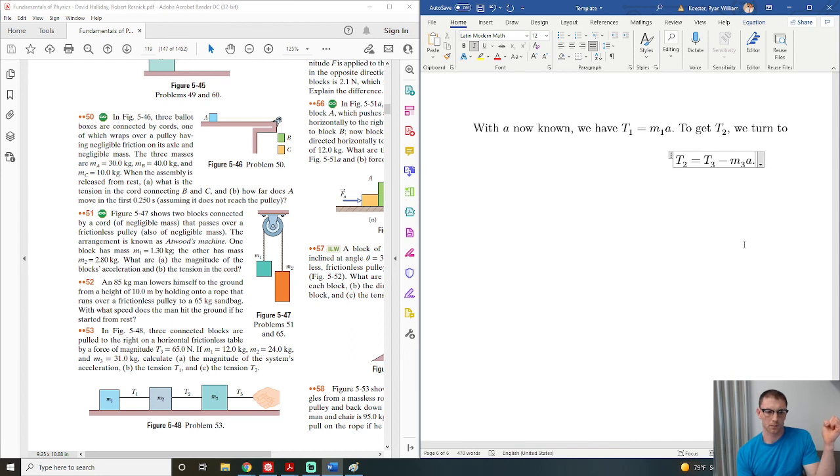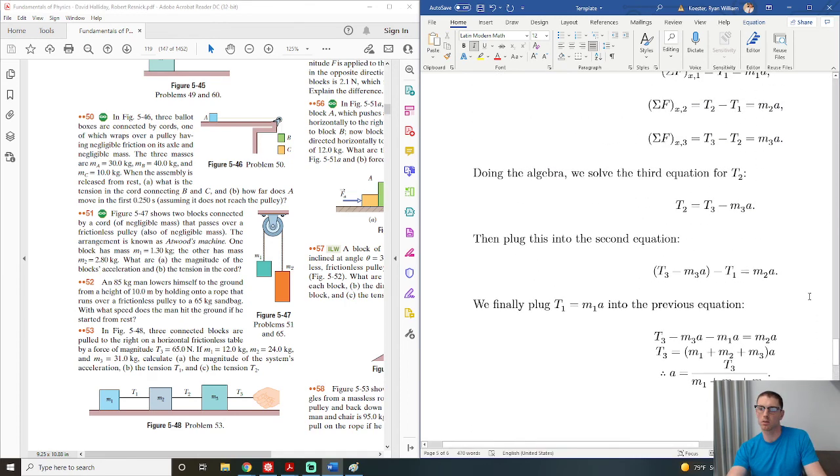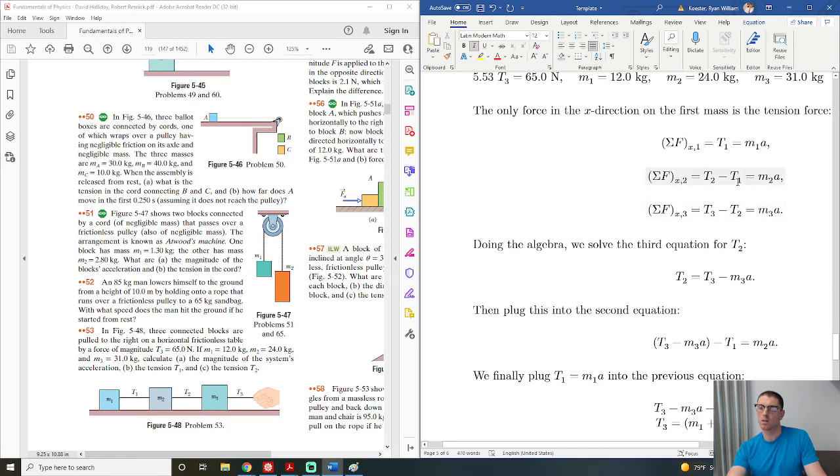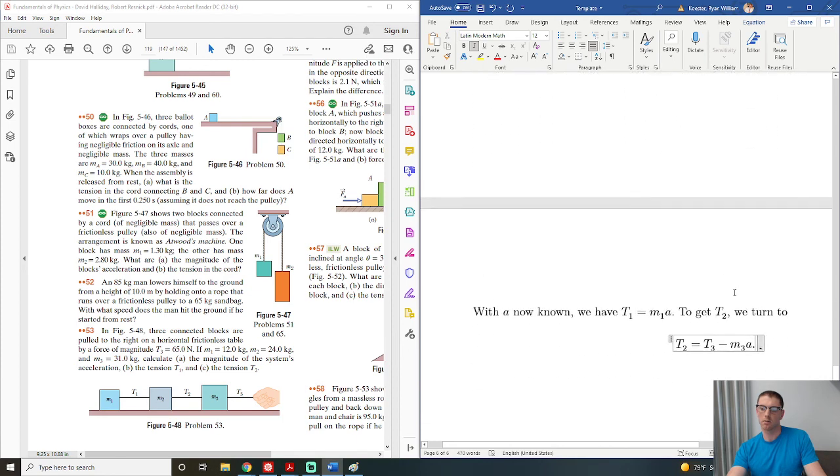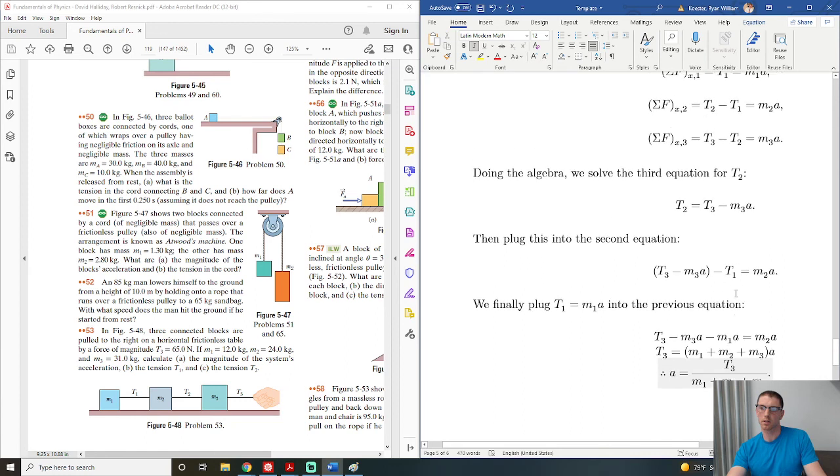Couldn't T2 equal, into a plus T1? Let's see, is that one of our equations? Yeah, wait, did I write that? Maybe I wrote it wrong. Maybe I did mess this up. What was I doing?